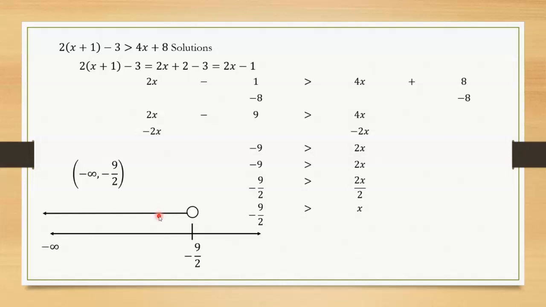Notice also that we have the open circle over negative 9 over 2. Again, that's because we have strict inequality. We're not including minus 9 over 2. So that's what we get there.